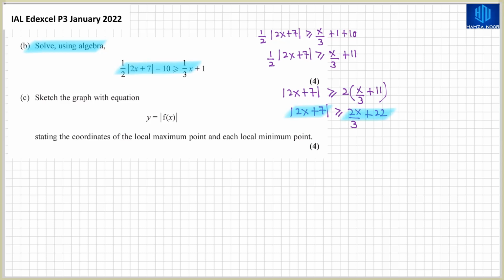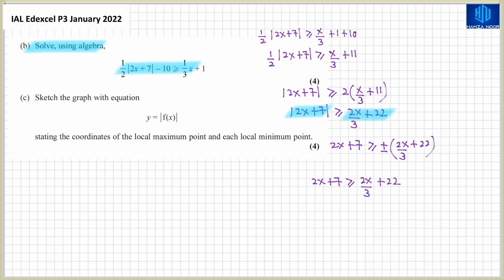In order to solve this inequality, when the modulus sign is removed, 2x plus 7 is greater than or equal to plus minus, multiplied by 2x over 3 plus 22. The first case is 2x plus 7 is greater than or equal to 2x over 3 plus 22.